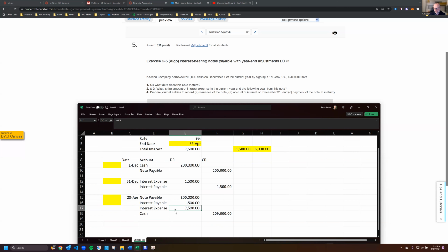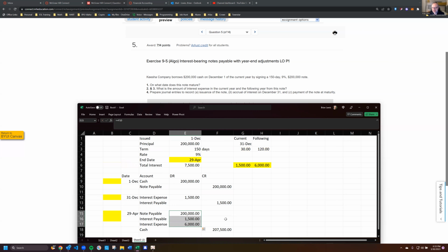We're reversing that out, and the interest expense for the current year, which essentially is this number right here, right? The $6,000. So now we have the same, full expenditure, but it's broken out between interest and interest payable and interest expense for $207,500. Yeah. Okay. So I think that's all we got.